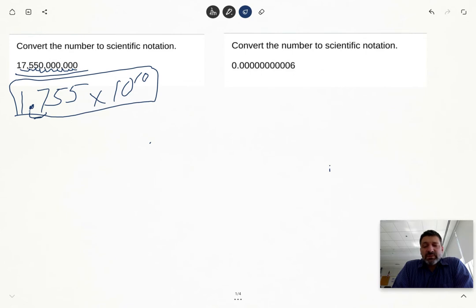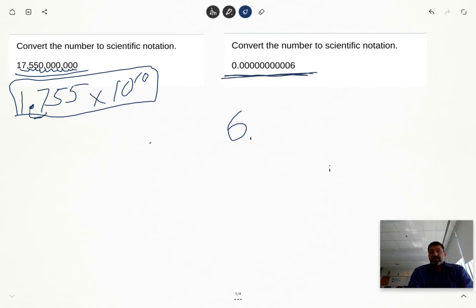It's a good way to write really big numbers, but it's also a good way to write really small numbers. So this is a really small number here. But remember what I said about writing in scientific notation: the decimal point has to come after the first digit. So I'm putting the decimal point after that.